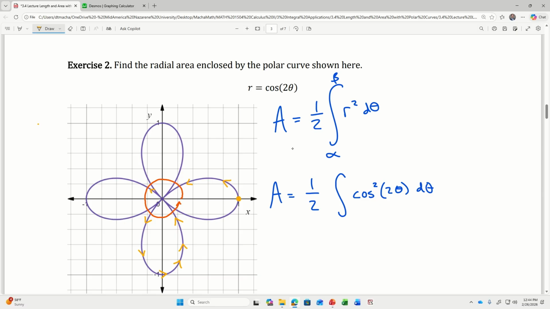Then we get positive values of cosine again, and theta is pointing us into quadrant 2. And then right here we get negative values of cosine when we pass through the origin again. So theta is actually pointing in quadrant 3, but the negative r values are putting us in quadrant 1. And then when I pass through the origin again, I get positive r values, and theta is putting us in the 4th quadrant. And then we're back. So I think that the lower bound of theta is 0 and the upper bound is 2 pi. Again, just like before. Does that make sense?